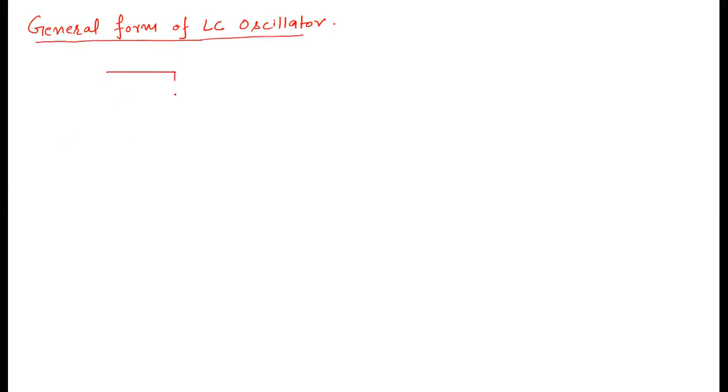First of all, let's draw the general form of the LC oscillator or resonant circuit oscillators. So here we have the amplifier. This is the block diagram.